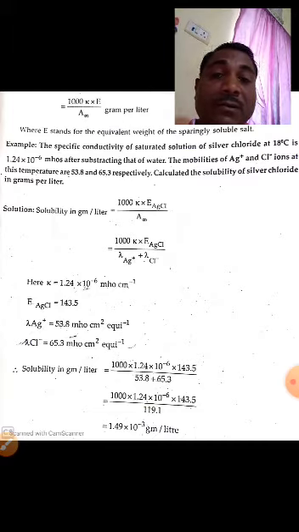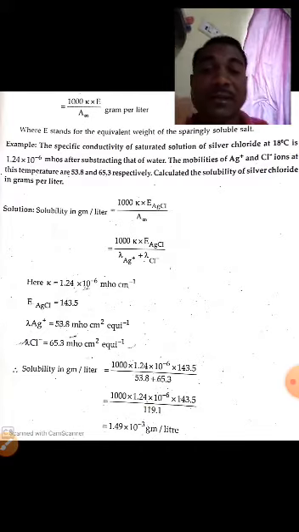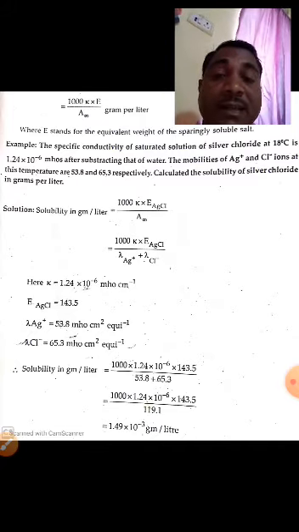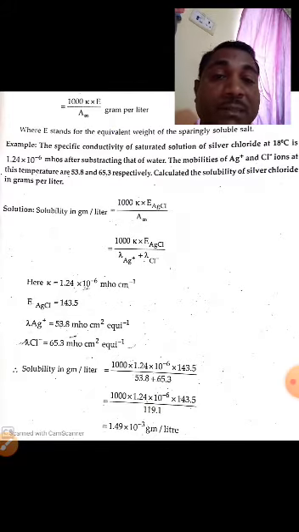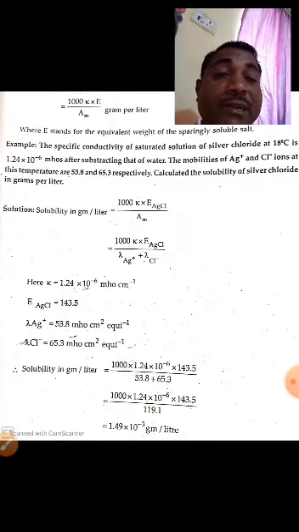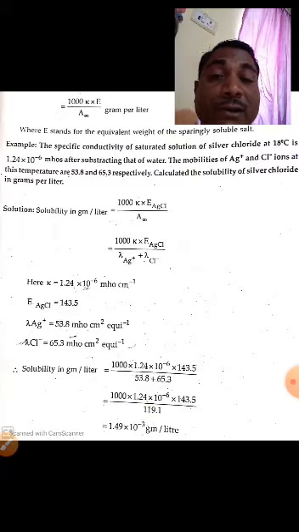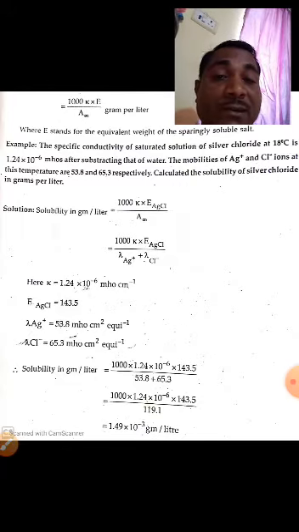Therefore, to explain this application of Kohlrausch's law, we can take one example. The specific conductivity of a saturated solution of silver chloride at 18 degrees centigrade is 1.24 into 10 raised to power minus 6 mho per cm, after subtracting that of water.